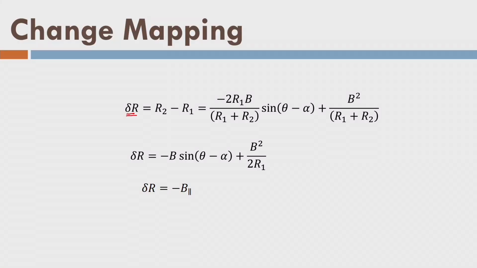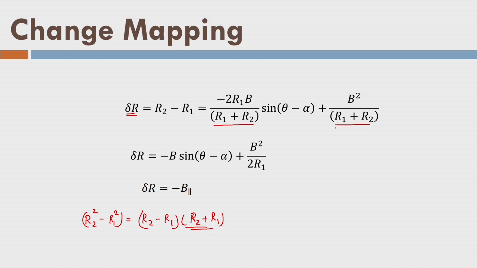Here is the same expression of R2 minus R1 square. I can write R2 minus R1 square as R2 minus R1 into R2 plus R1, and this part is divided here for the remaining expression, and we have R1 plus R2 here. Now, as we said already, R2 plus R1 can be approximately 2R1 because R1 is approximately equal to R2.